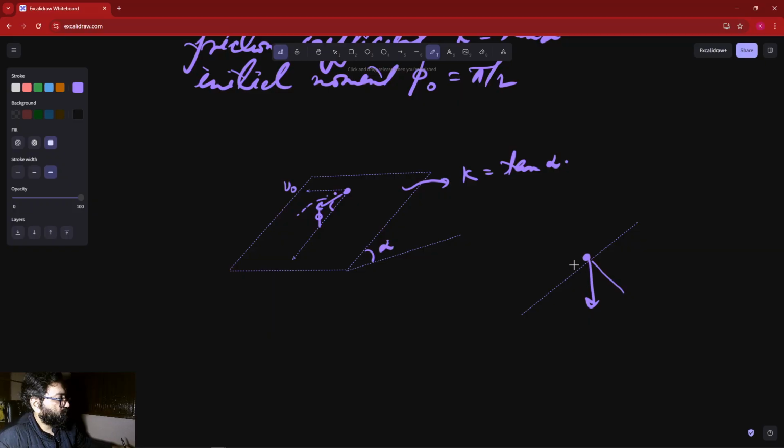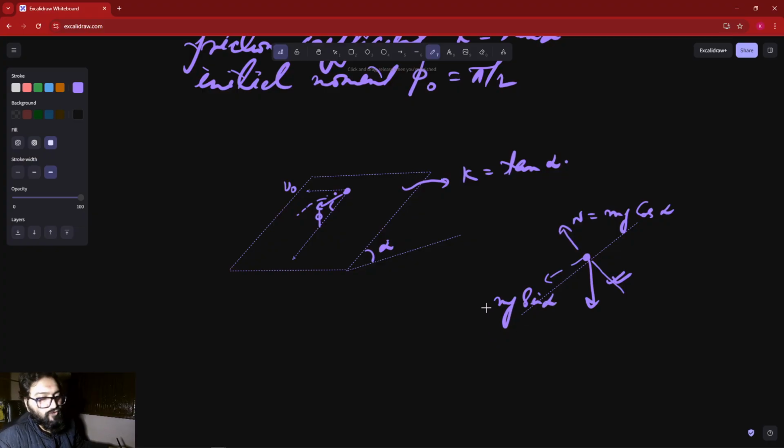There is this component, then there is this component of the weight. This component is being balanced by the normal force. Okay, what is the normal force then? It's nothing else but mg sine of alpha, right? Okay, and sorry, mg cos of alpha, and this force is nothing else but mg sine of alpha.